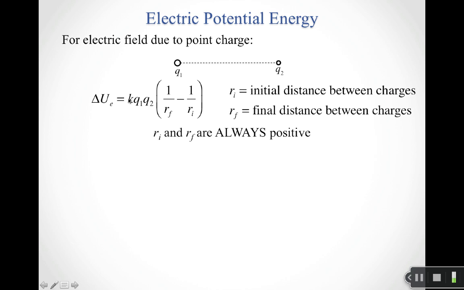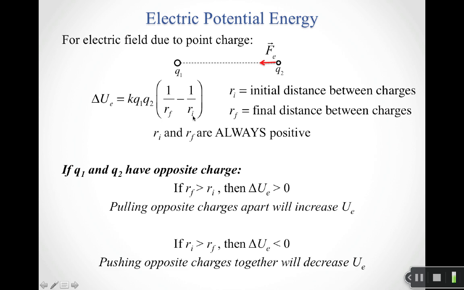Then I can calculate the change in the electric potential energy between these 2 point charges as K Q1 Q2. Again, notice no absolute values here. I'm going to plug these charges in with their signs, and then multiply this by the expression 1 over the final distance between the charges minus 1 over the initial distance between the charges. Those 2 distances are always positive.